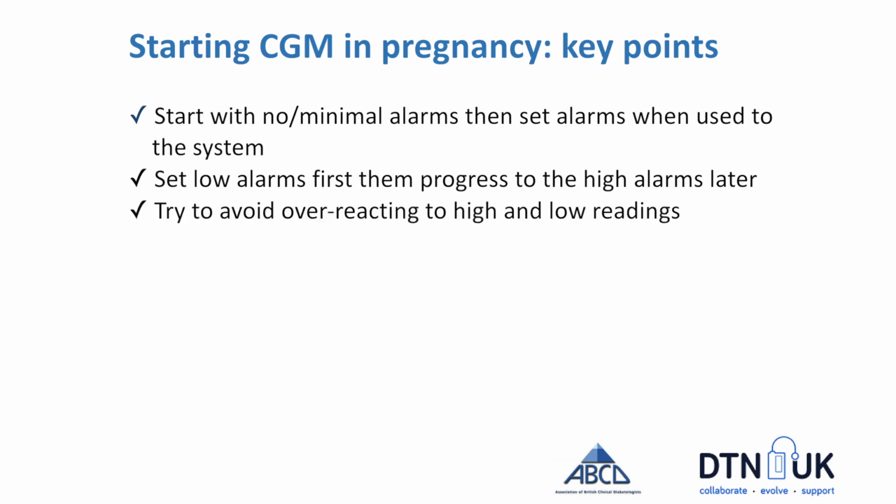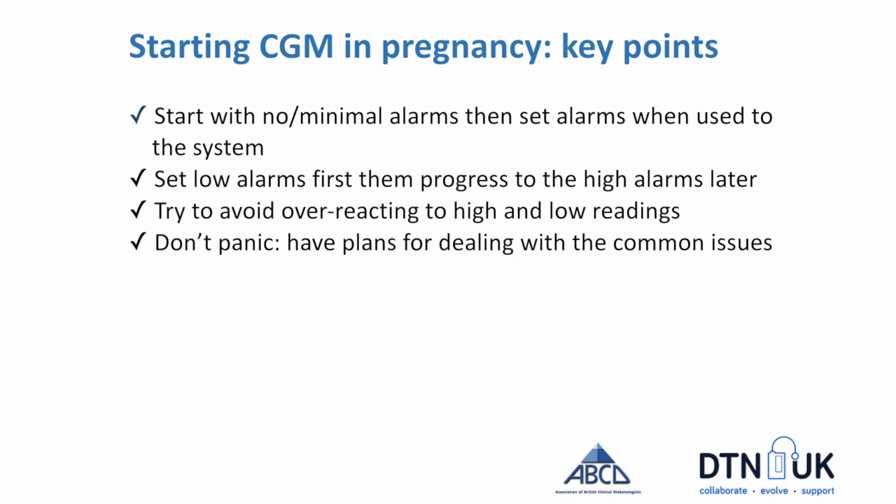When you first start using real-time CGM, it's important to avoid overreacting to the high and the low glucose readings. So if you have a low or a high glucose reading or alert, don't panic and have a plan for dealing with the common issues.